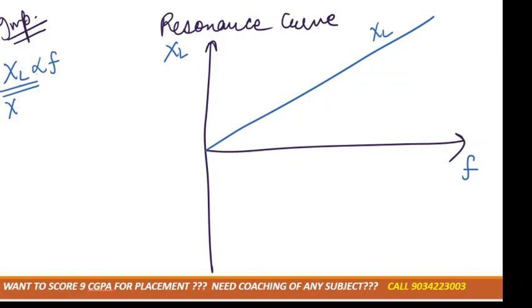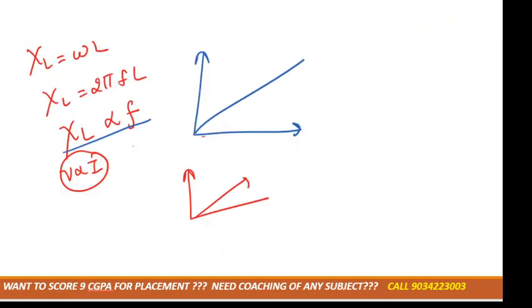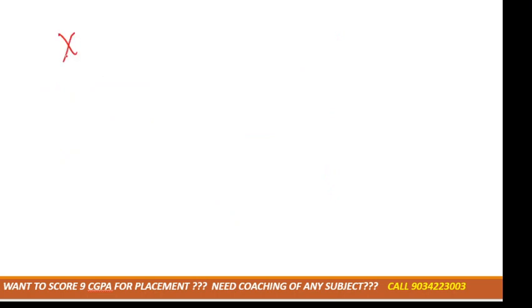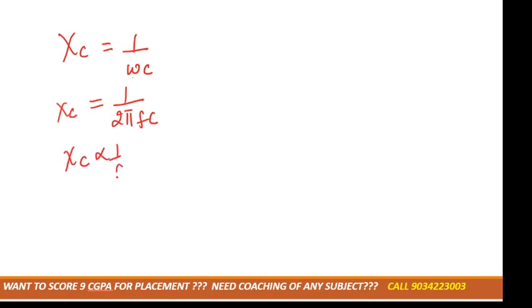Clear? Next, in the same graph we have to draw the condition for XC. As you know, XC is equal to 1 by omega C, and we can consider omega as 2 pi F, so XC is 1 by 2 pi FC, yes or no? And XC is inversely proportional to frequency. Can we consider this?